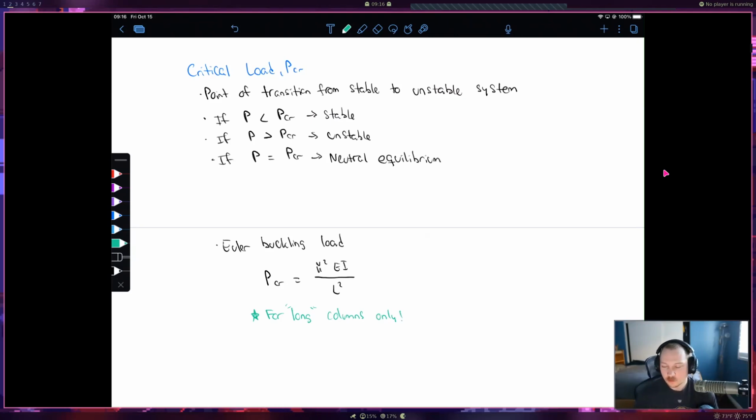Okay, so this critical load, again, is for long columns only.